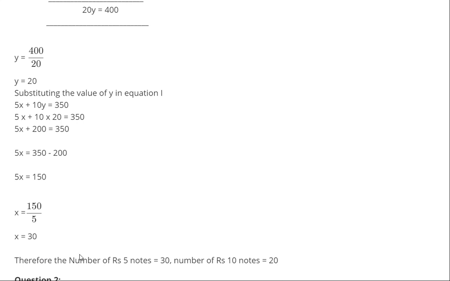Therefore, I got my number of 5 rupee notes as 30 because 5 rupee notes we are told is x. And the number of 10 rupee notes is 20 because we are told that y is the 10 rupee notes, and so the number of 10 rupee notes is 20.